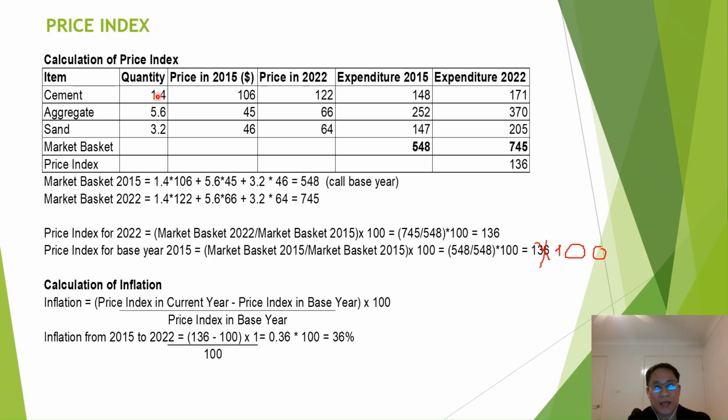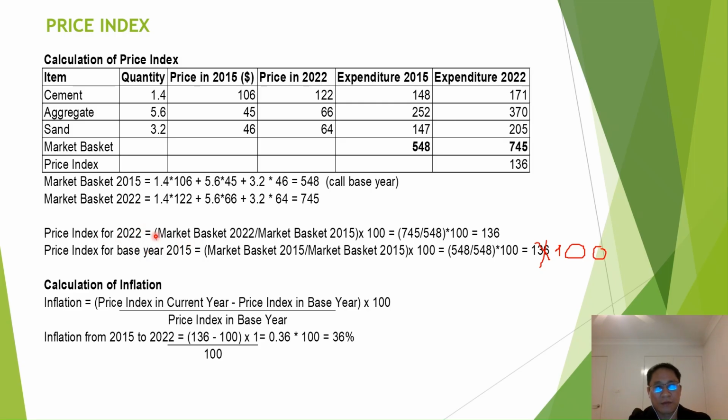We will use the quantity for cement, quantity 1/4 times the price in 2015, and we come up with the total expenditure for the cement of 148. Repeating the same process, we will have the total price for aggregate and sand and the total market basket for 2015 of 548. Do the same for the expenditure for the current year 2022. We will have the total price of 745, and then the price index for the current year 2022.